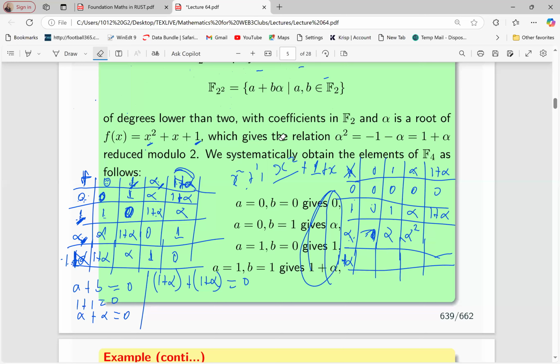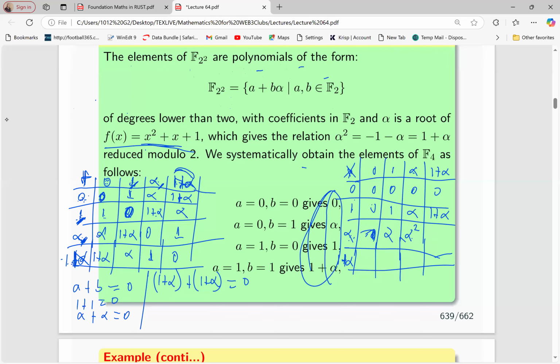Now, so we proceed with our multiplication. So we've now chosen the polynomial. We've chosen this polynomial, and we arrived here and found that alpha times alpha was alpha squared. So let's imagine, therefore, that alpha is a solution to this polynomial.